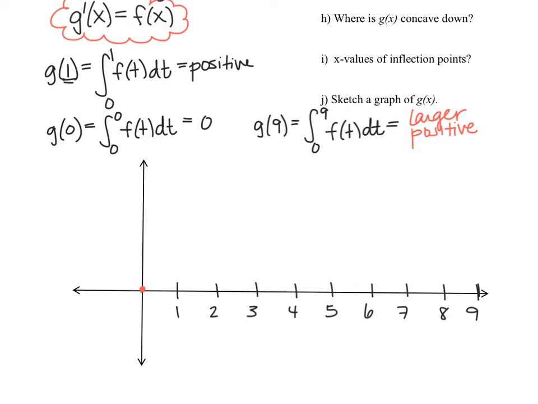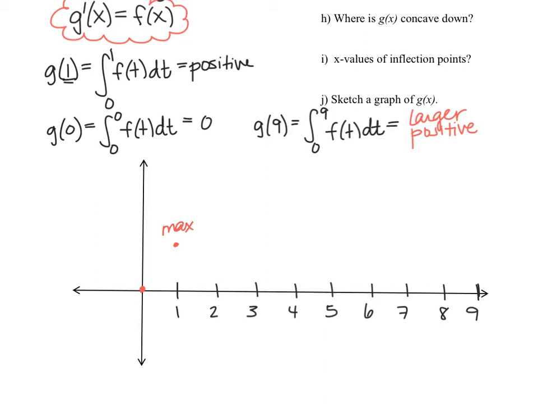So when we plot our point at x equals 1, we're going to plot a positive y value. And now you're going to notice I am not going to actually put any tick marks along my y-axis because I'm not sure exactly how large that number is. I'm just going to go ahead and plot it as a positive, but I am going to make a little note to myself that this was a local max. We said we had a local max at x equals 1.